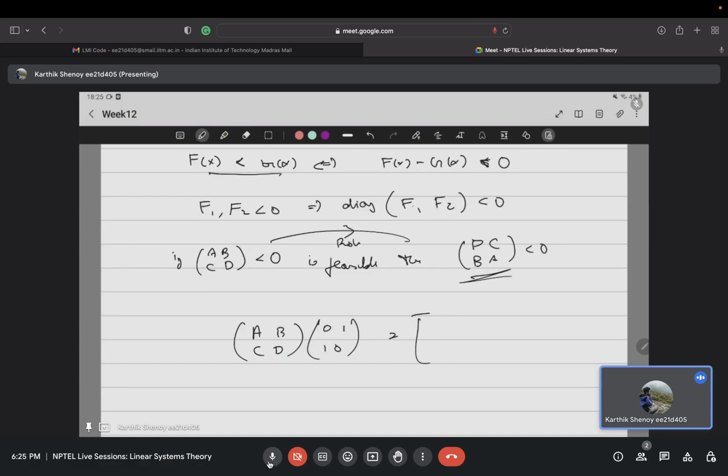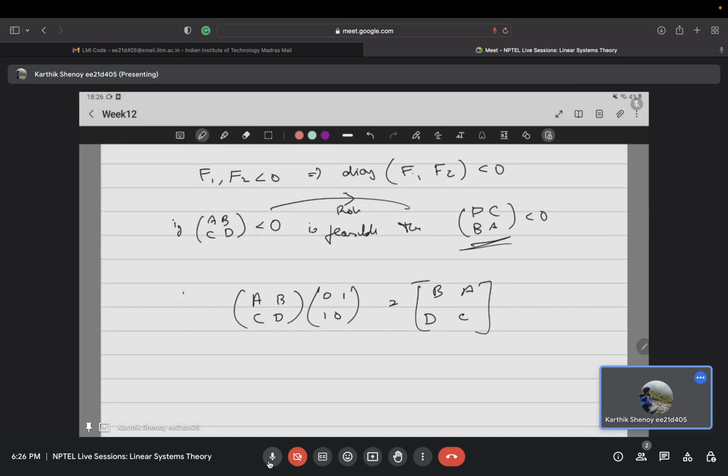So this is nothing but B, A, D, C. So now if you pre-multiply with the same matrix, you will get D, C, B, A. So this is something like a rotation.